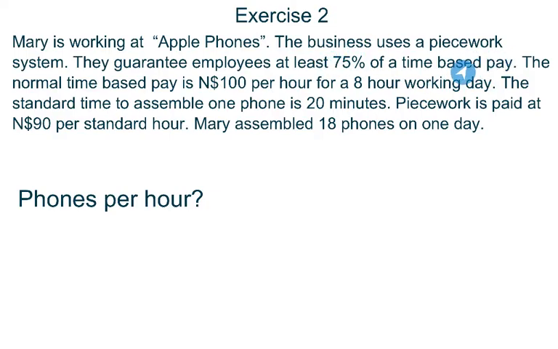Now remember, we need to consider the minimum wage also. So first of all, we need to look at how many phones she should assemble per hour. If it will take her 20 minutes for one phone, how can I calculate how many phones for 60 minutes, or 1 hour?